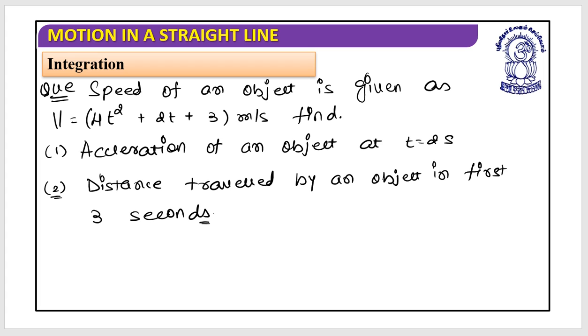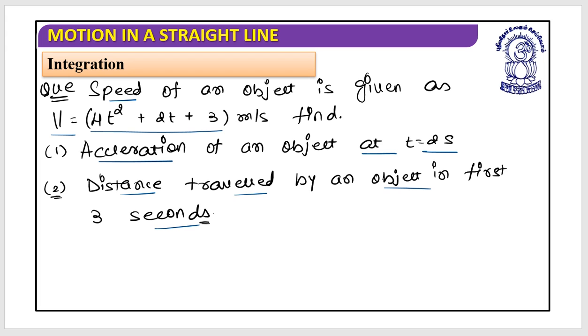Now go through this data very carefully, but make it quick. What all they have given? They have given me the speed. And what I need to find out is the acceleration of the object at t equals 2 seconds, as well as the distance traveled in the first 3 seconds.